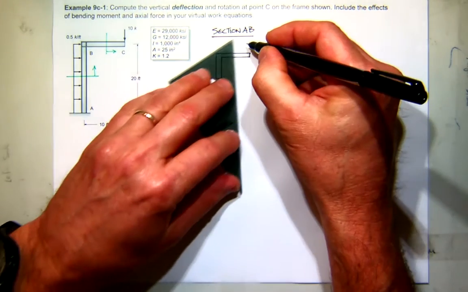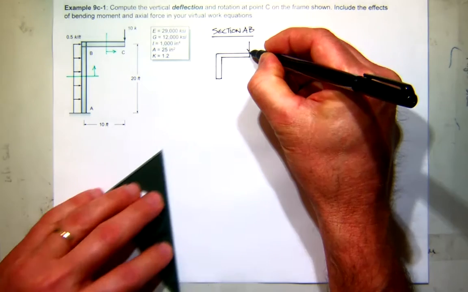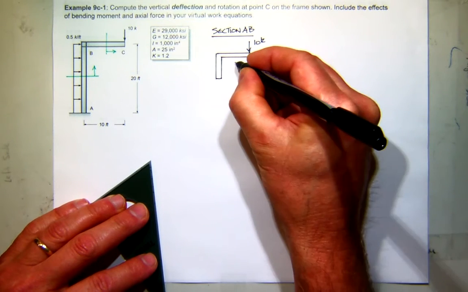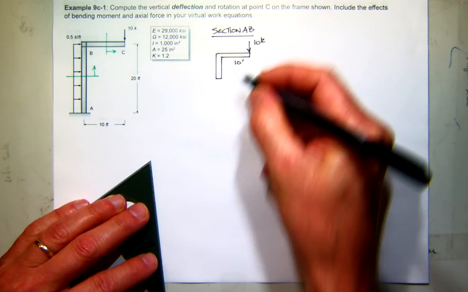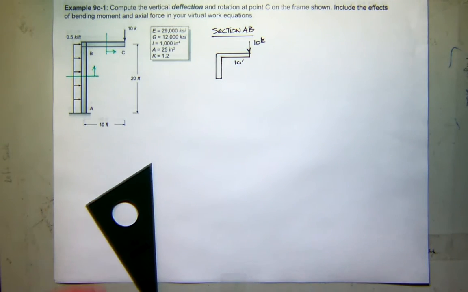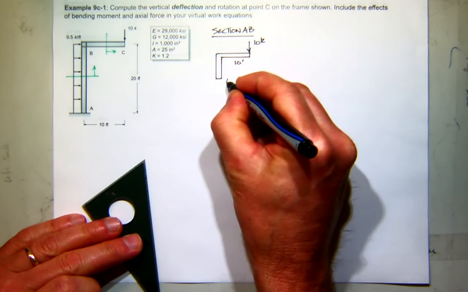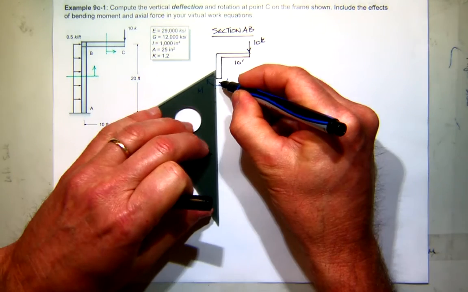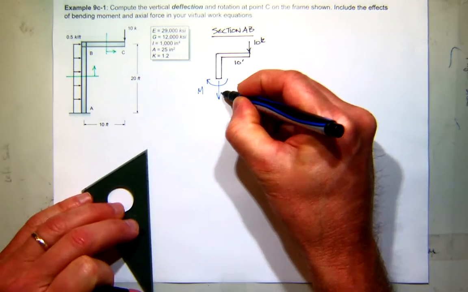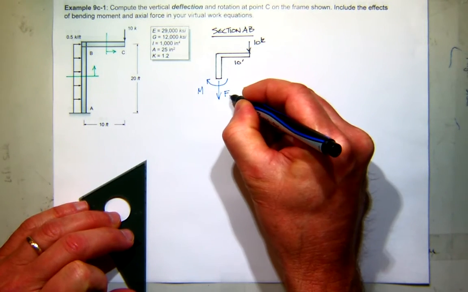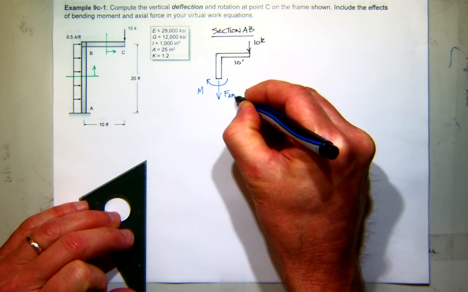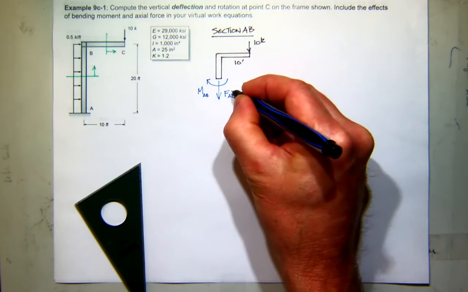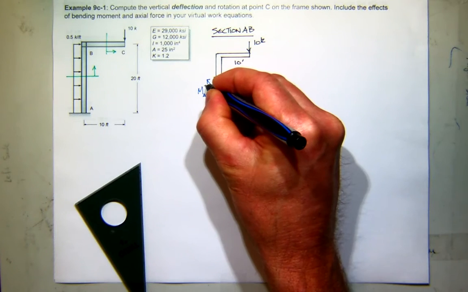And I know up here on this end I've got the 10 kip force. I know this is 10 feet. And then internally I'm going to assume that I have a bending moment and an axial force. So this will be the force, I'll say, in AB, and this will be the moment in AB. And I've assumed kind of positive values for both of those.